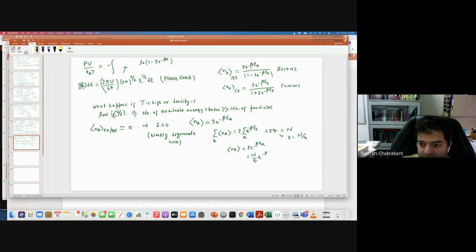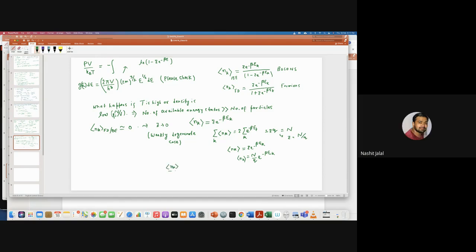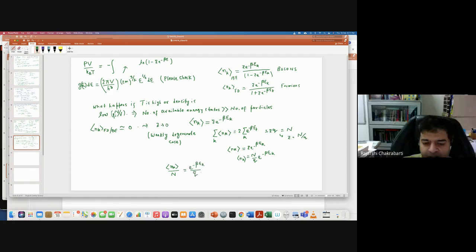You guys already know this, isn't it? This is the average number of particles, and I think you are familiar with this expression. This is the classical limit, the high temperature limit. So basically, this is Maxwell-Boltzmann.